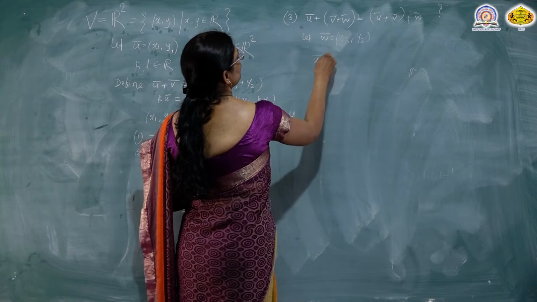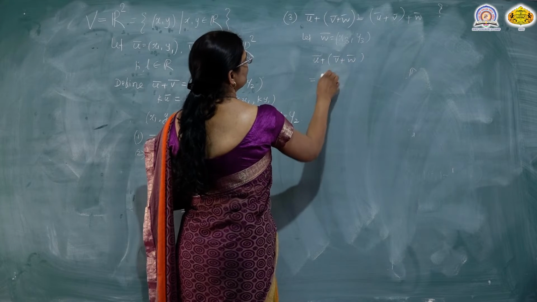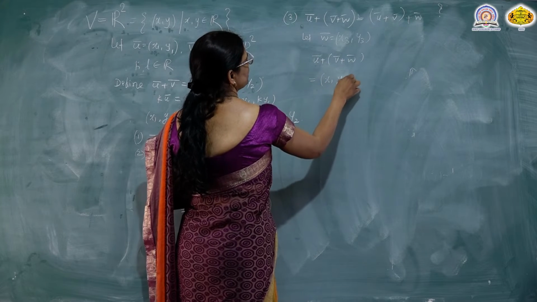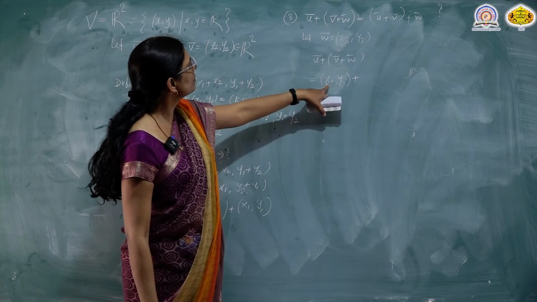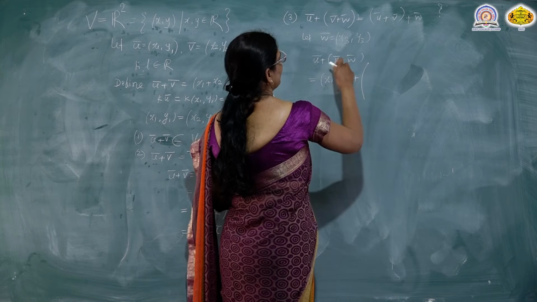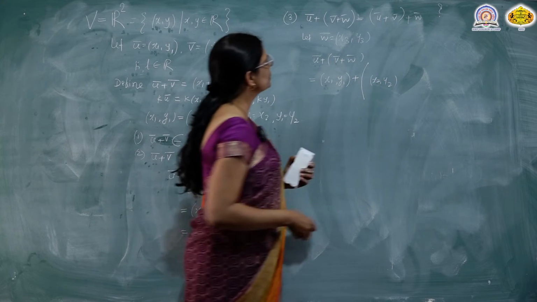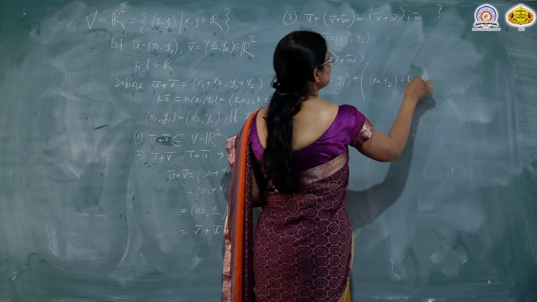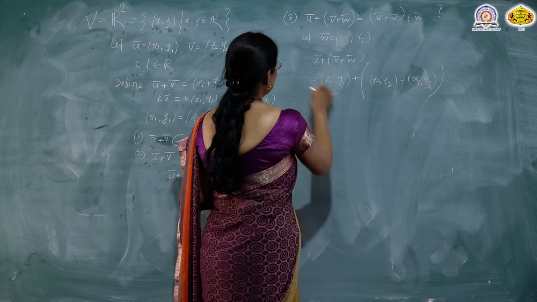So we consider U bar plus V bar plus W bar. Now just put all these vectors in terms of pairs. First is x1 y1, V is x2 y2, plus W is x3 y3.